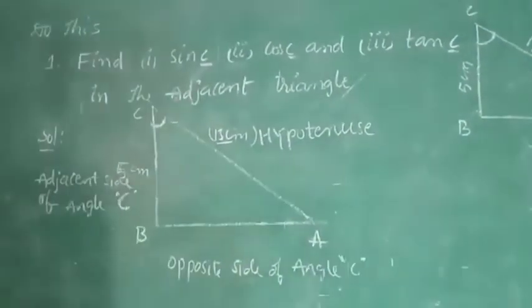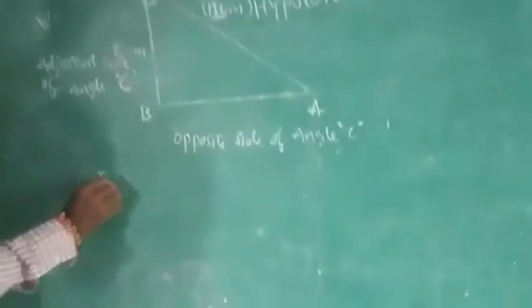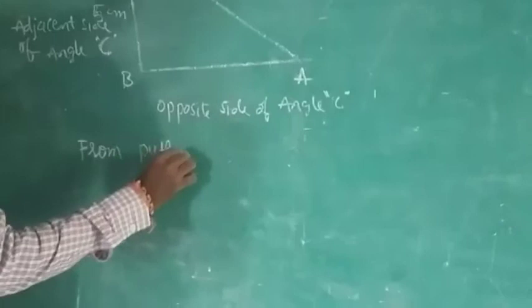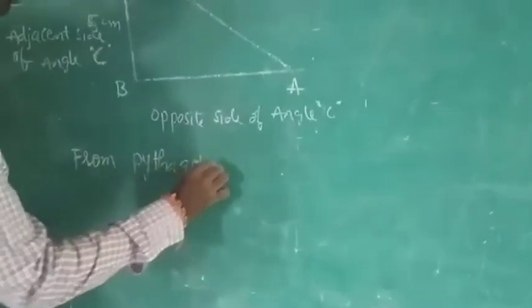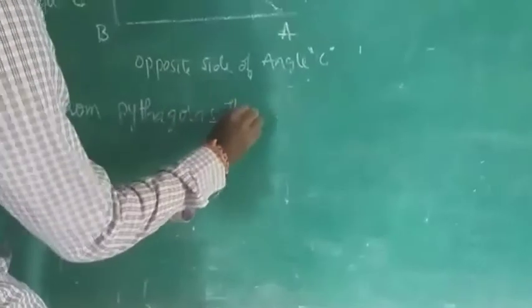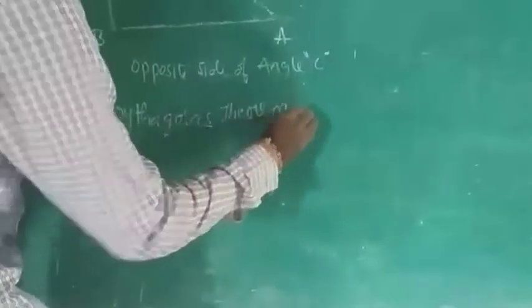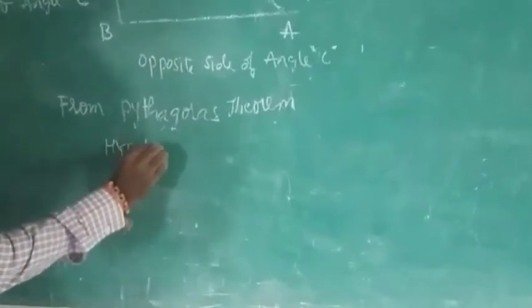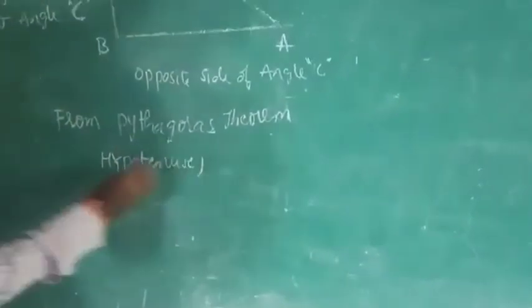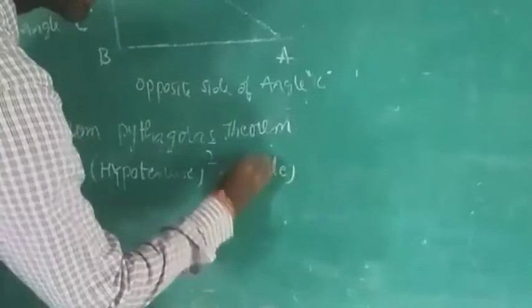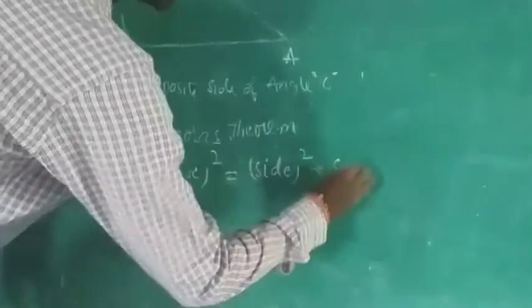So we have to use the Pythagoras theorem. What is the Pythagoras theorem? Hypotenuse whole square is equal to side square plus side square.